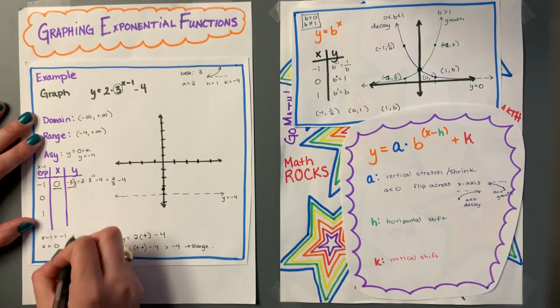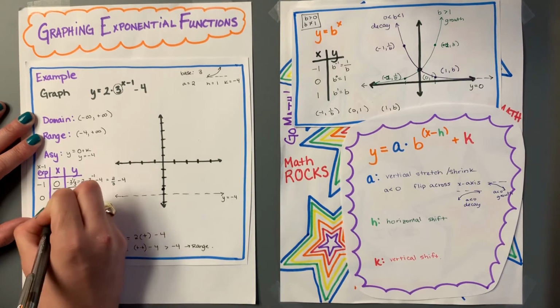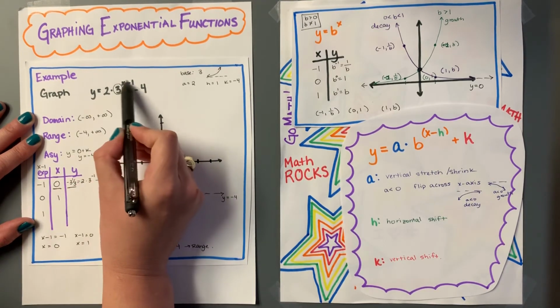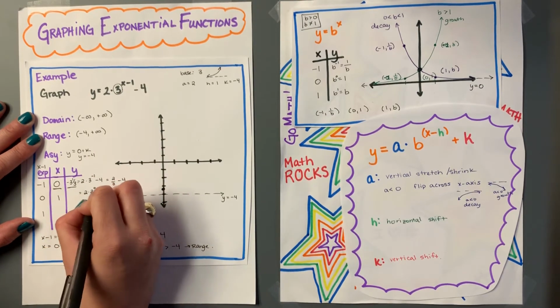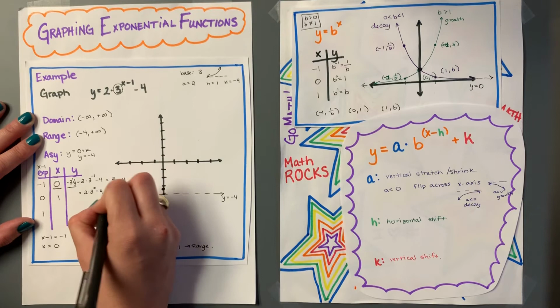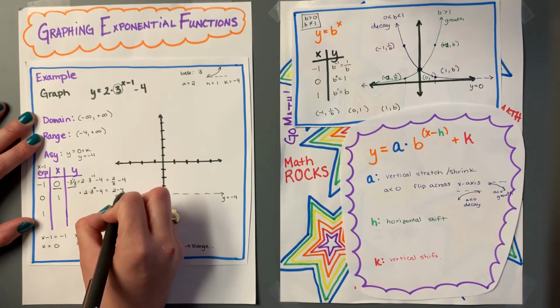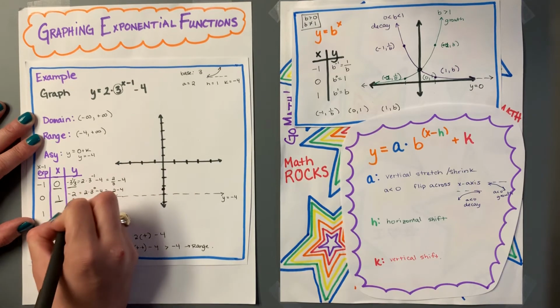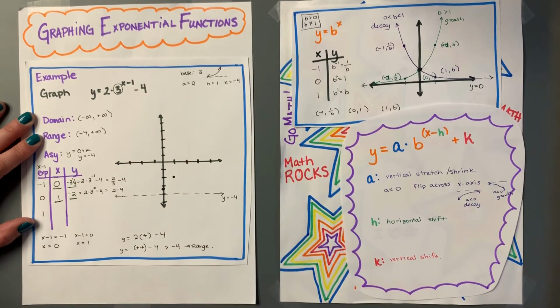All right, so if I want the exponent to be 0, x minus 1 equals 0, x is equal to 1. So if I plug 1 in up here, I'm going to get an exponent of 0. So that's 2 times 3 to the 0 minus 4, which is 2 times 1, so 2 minus 4, this is negative 2. So I'm looking at 1, -2.